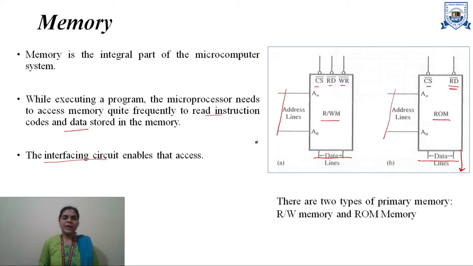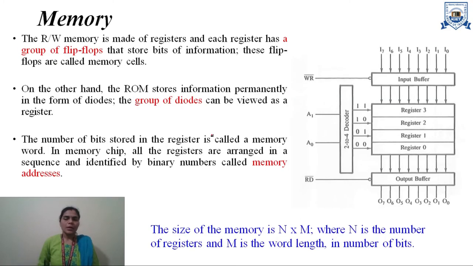So primary memory has two types. One is ROM, second is RAM. Read-writable memory is made of registers, and a register is made of flip-flops. So a group of flip-flops forms a register in read-writable memory.